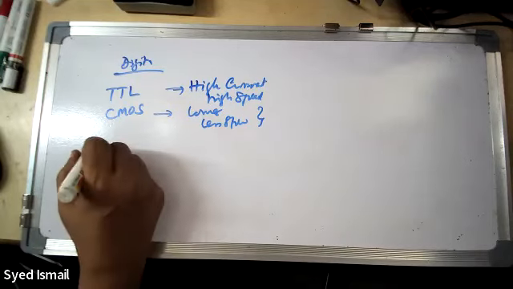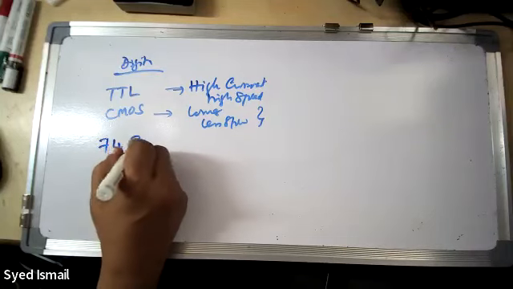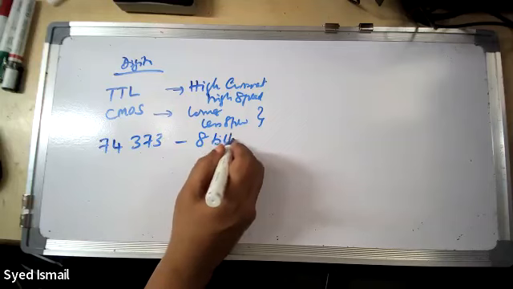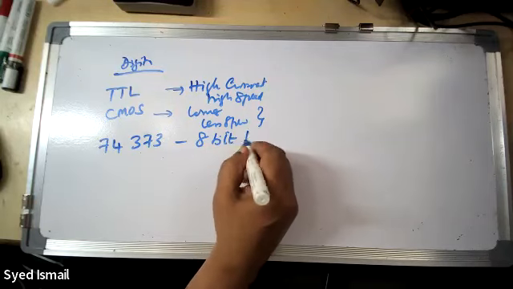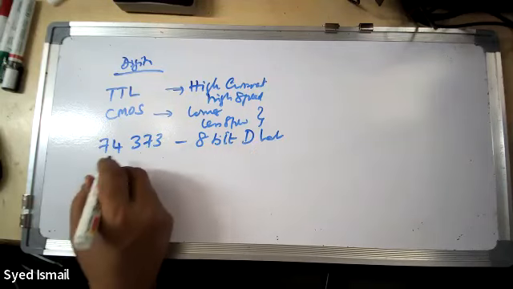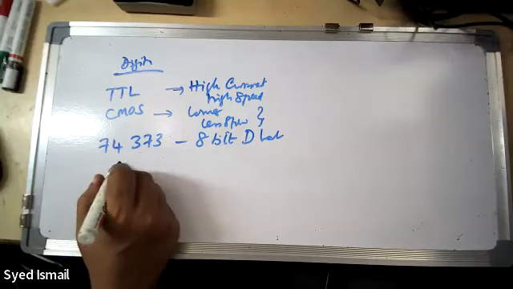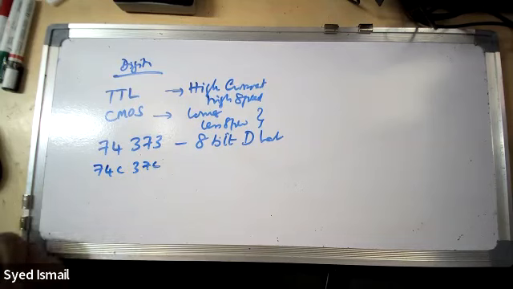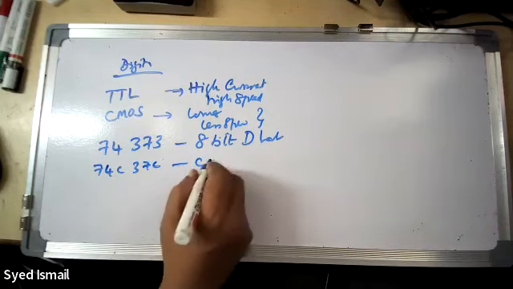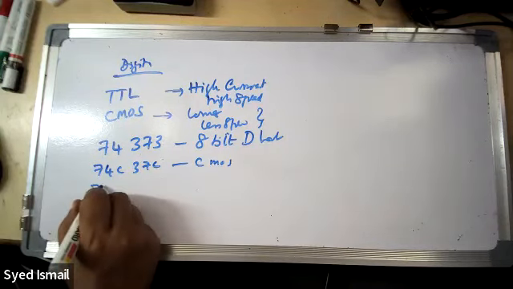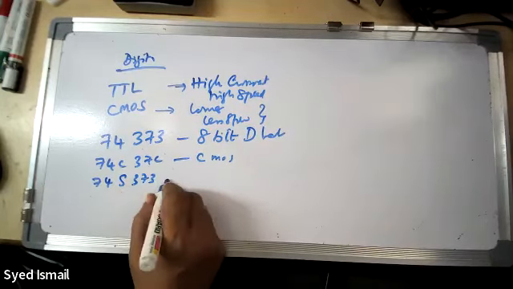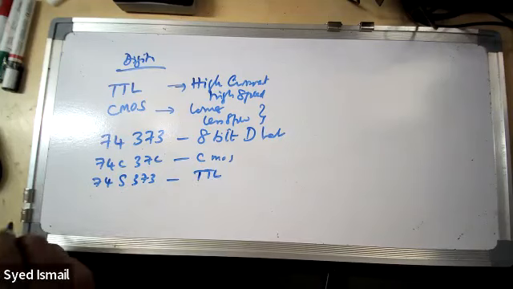For example, the type I'm telling you, 74373, is an 8-bit latch, like the last example I told, an 8-bit D latch. This is available as 74, now 74C373 is CMOS. Then they made 74, let us say, S373, and this is a TTL type completely.